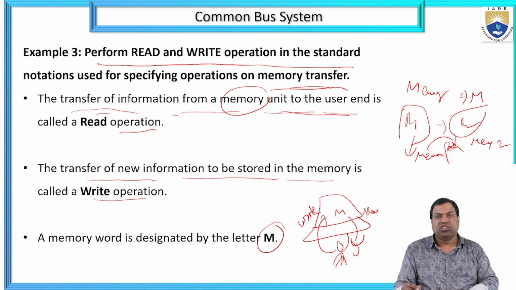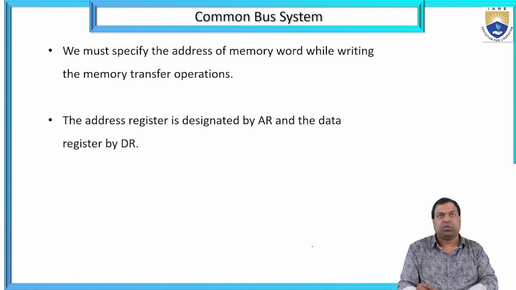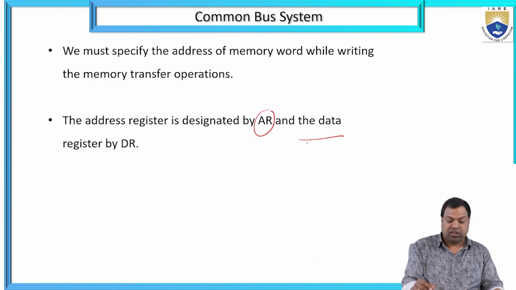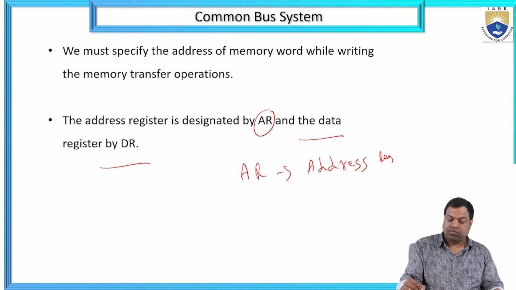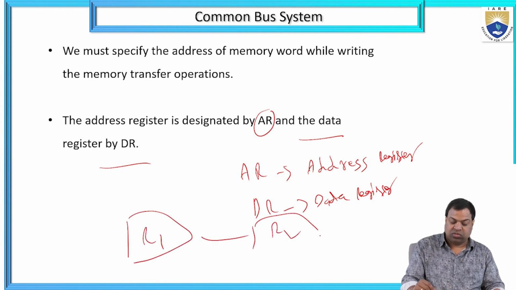A memory word is designated by the letter M. So for any memory transfer I'm discussing, the symbol is M. And we must specify the address of the memory word while writing the memory transfer operations. The address register is designated by AR and the data register is DR. So R1 to R2, I have to transfer the data.